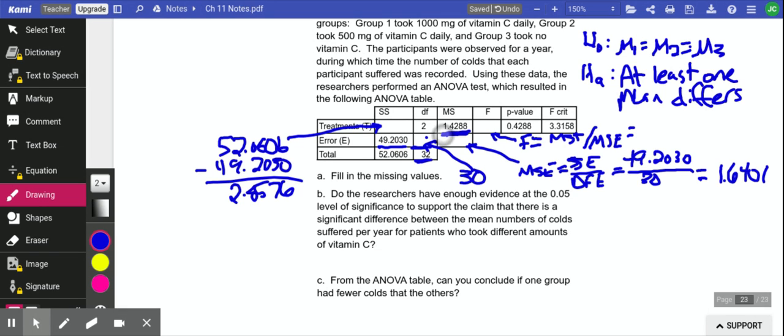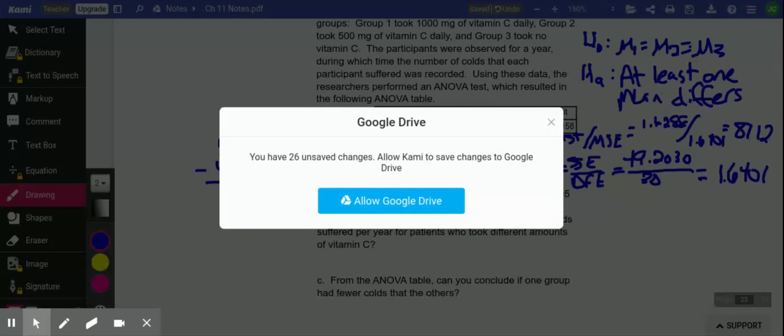MST is this number right here, 1.4288, and MSE is what we just calculated here, 1.6401. And when we divide that, we get 0.8712. I apologize for the messiness on this, but hopefully you can see what's going on. All right, let's change color here so we can see something.